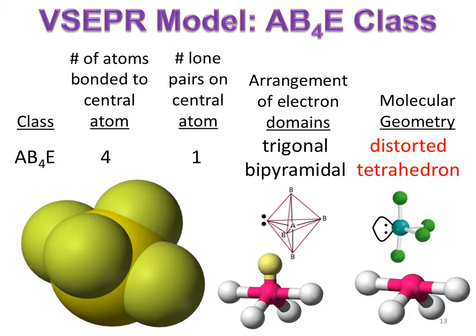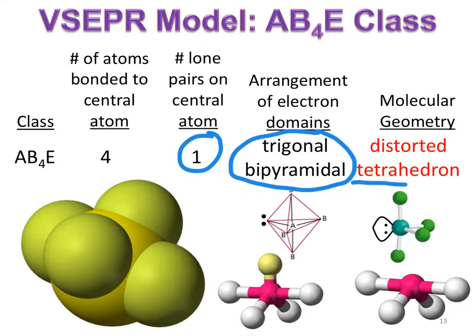Continuing on, we've now moved to 5 total electron domains. The first one is the AB4E class. Just to remind you, with 5 domains, we're going to be trigonal bipyramidal in the electron domains. However, we have one lone pair. As a result, we end up with what's called a distorted tetrahedron.